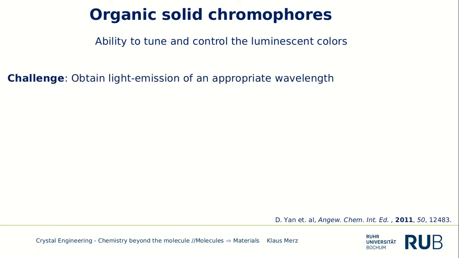And well, in this case, very nicely written here, the challenge is: how can we obtain light emission of an appropriate wavelength? And his idea was to use co-crystals and use halogen bonding.